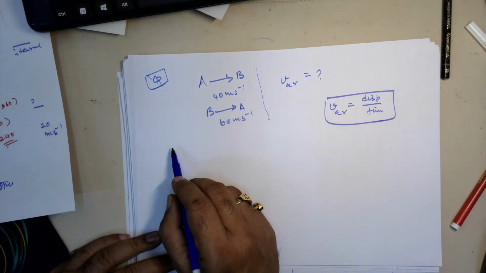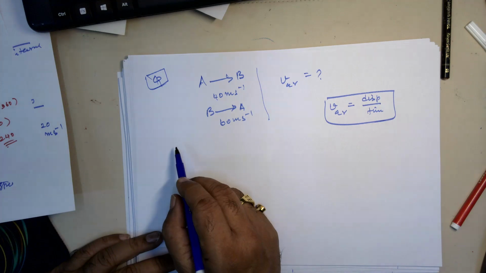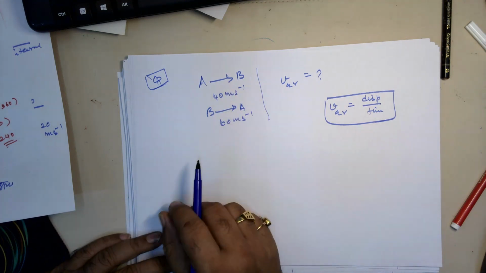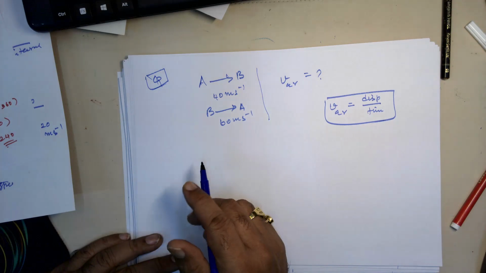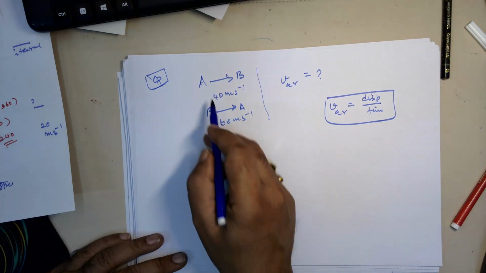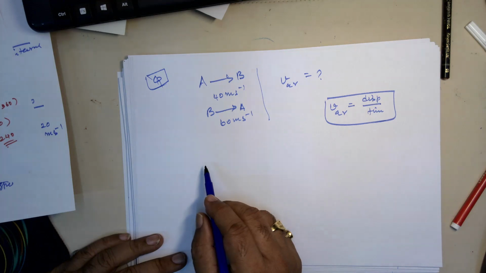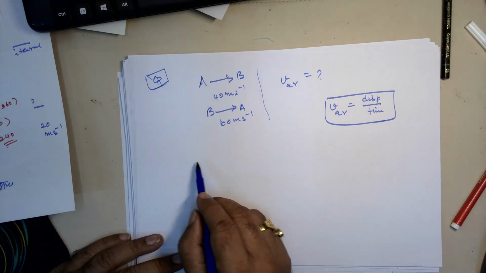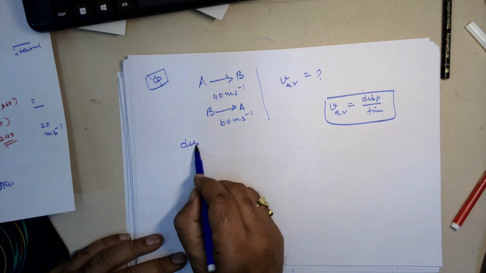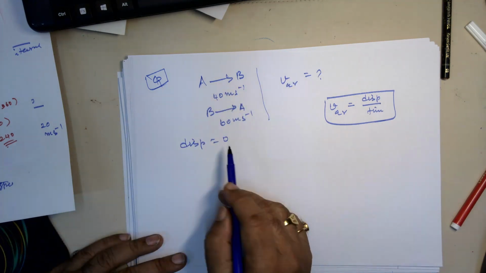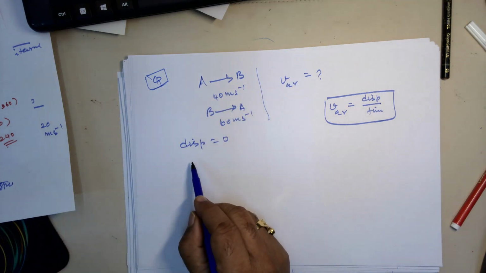Now, what are the points given here? They have given only the velocities, but we need time. And you know about the displacement. What is the displacement here? Zero. Very good. The displacement is 0 because it is A to B, then B to A. And what are the two velocities given?